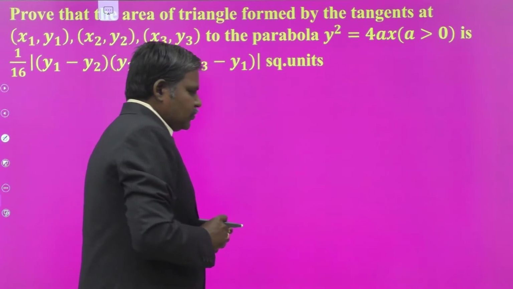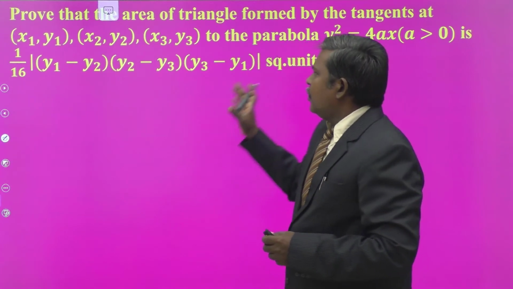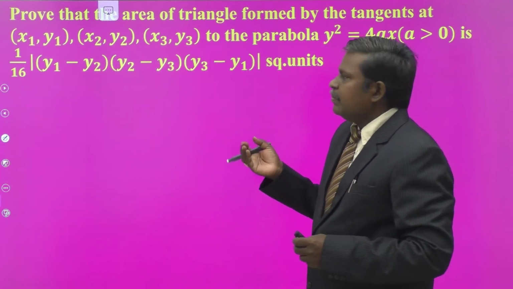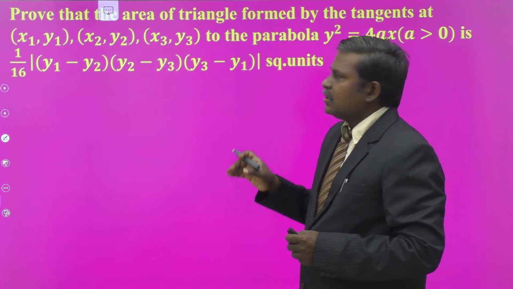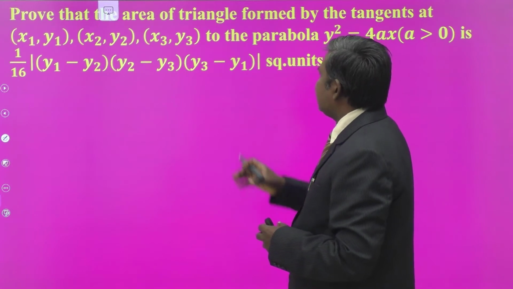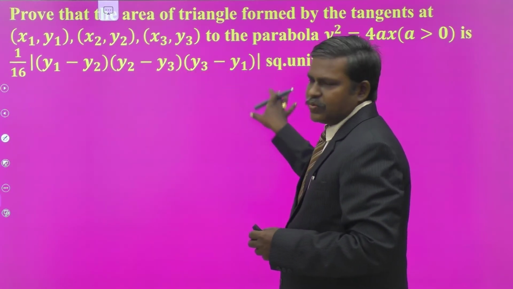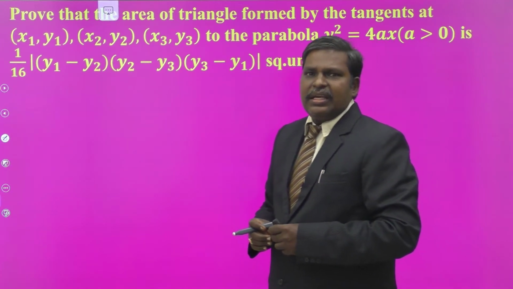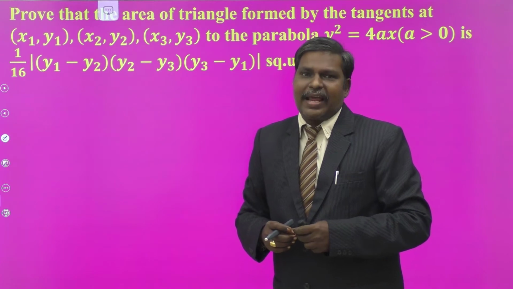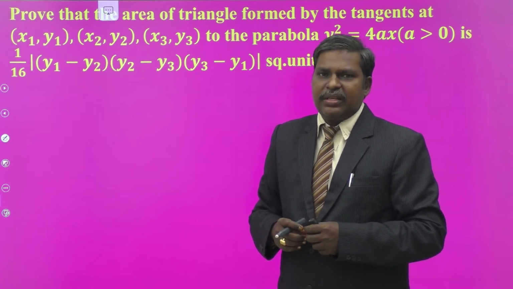Next one, this is a very important result. Already we discussed this type of problem before, in the tangents concept. Prove that the area of the triangle formed by the tangents at (x1, y1), (x2, y2), (x3, y3) to the parabola is this one. In the previous class, we discussed the area of the triangle formed by the 3 points whose ordinates are y1, y2, y3.